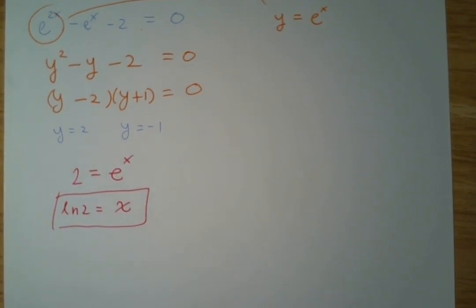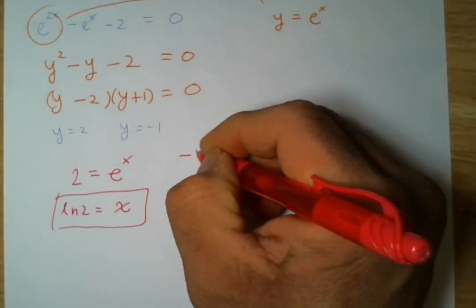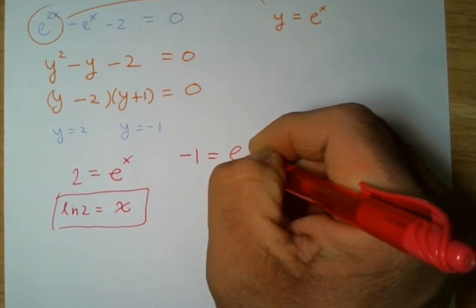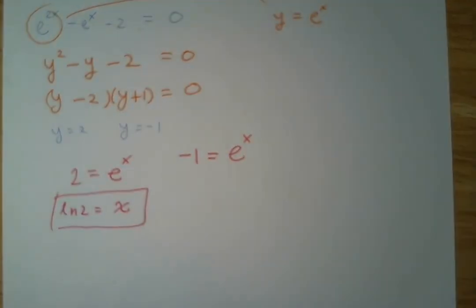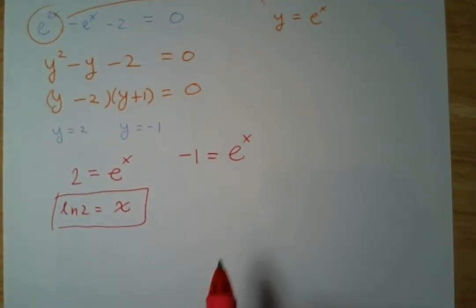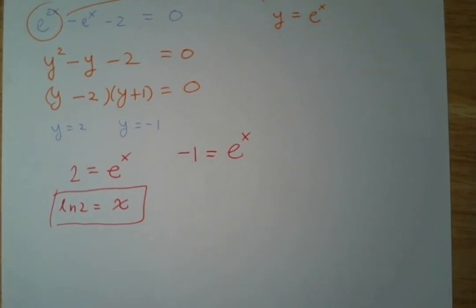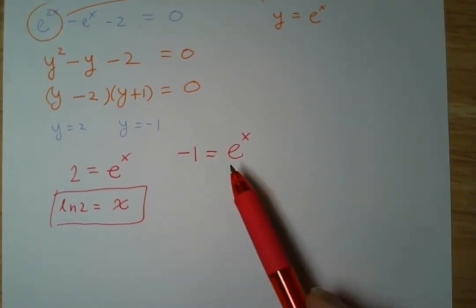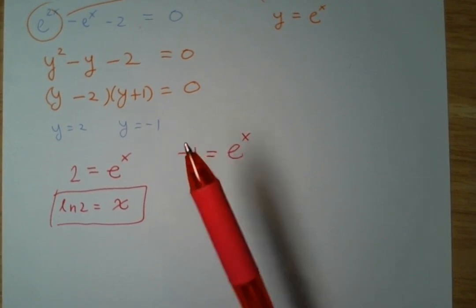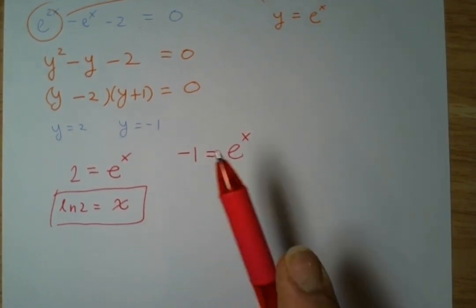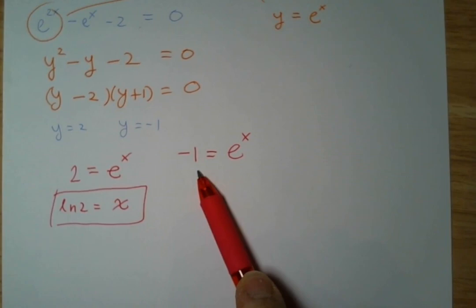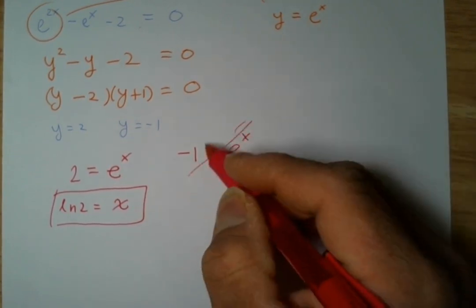Now when I go to plug in my other solution, I run into an issue here. When we introduced the exponential, we said that the range was all positive values. Well, I don't have a positive value here, so this is not going to be a solution.